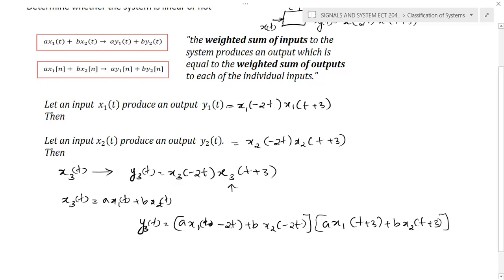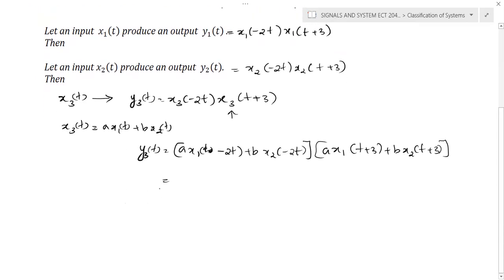And if you multiply this, you'll get different terms, and you can compare this equation with a y1 of t plus b y2 of t.